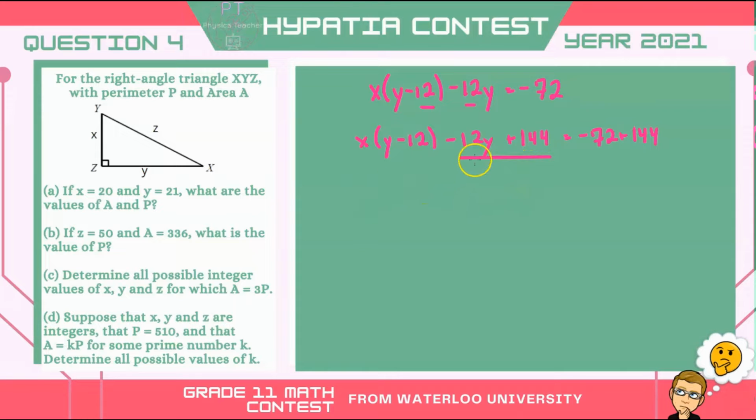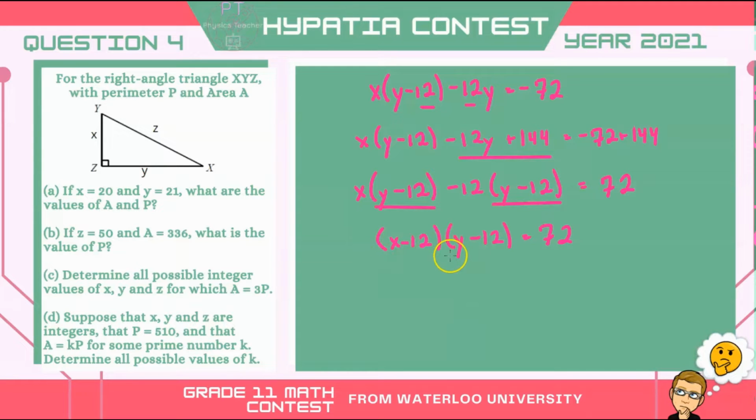But I'm going to pull out a negative 12, so I am left with y minus 12. Now you see why I did that? So now I have a common factor between these 2 terms, and that's all going to equal 72. So if I pull out that common factor, I am left with x minus 12 times y minus 12 is equal to 72.